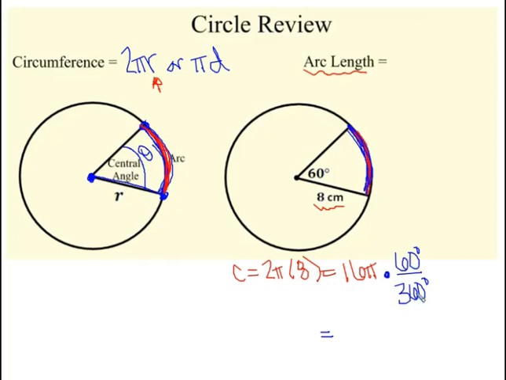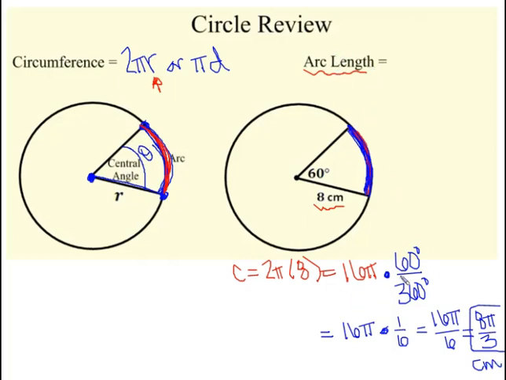Well, 60 over 360 is just 1/6. So we're really taking 16 pi times 1/6, which is 16 pi over 6. If we simplify those values, 16 over 6 simplifies into 8 over 3. So this little section, this arc length, instead of being 16 pi, which is the entire distance around, is really only 8 pi over 3 centimeters.